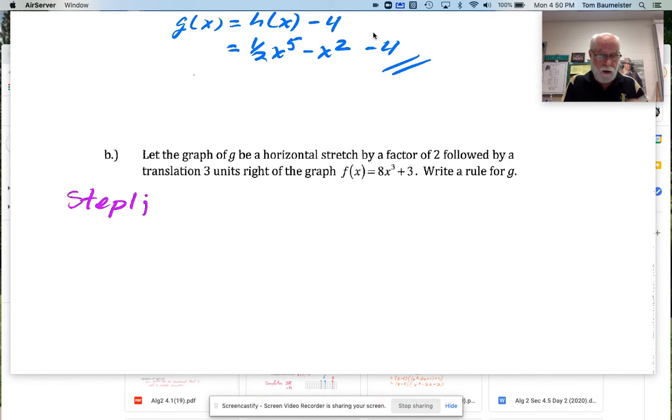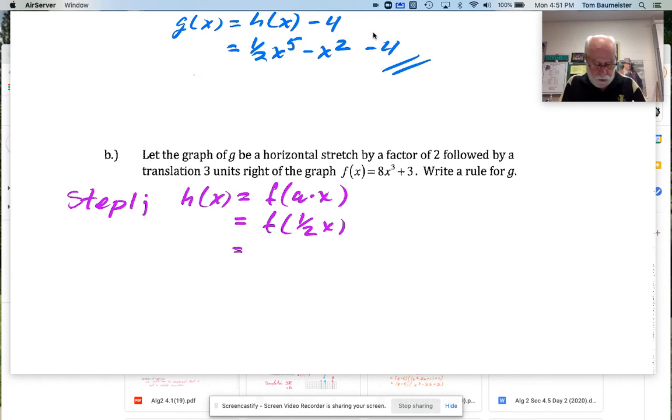So we're going to say that h of x, this time, is going to be f of a times x. So it's on the inside. I told you we're going to make that f of our a, which is 1/2 because the factor is 2 so we flipped it, times x. That tells us wherever we see x in f of x, we're replacing it with 1/2 x.